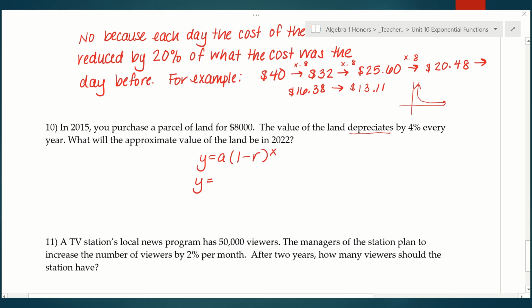Originally the land was $8,000, so there's our A value. 1 minus my rate, which is 4%, so 0.04. And from 2015 to 2022, that's 7 years, so to the 7th power. And remember, this is money, so we're rounding to the nearest hundredth.